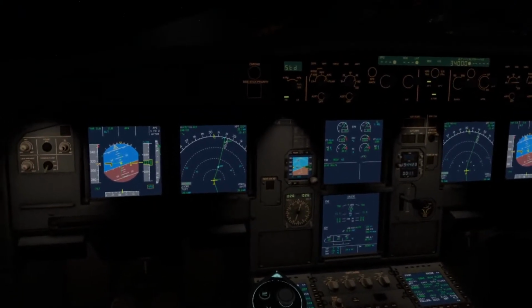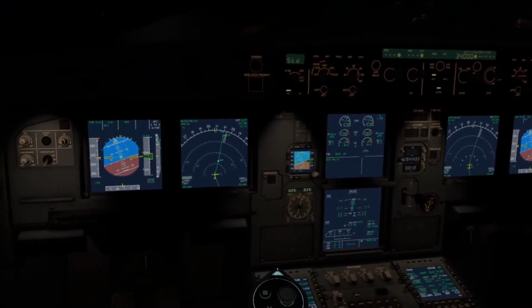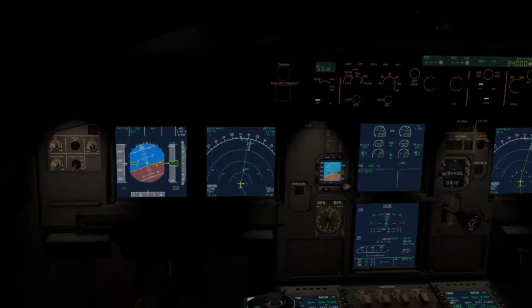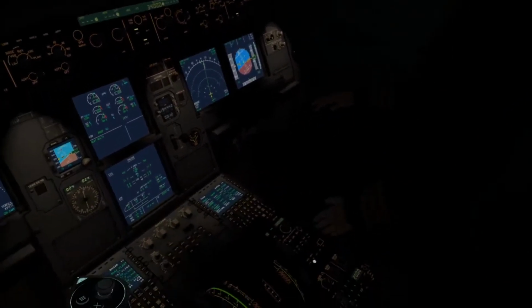Yeah, in about 80 nautical miles we will reach our top of climb, reach our ceiling altitude basically.